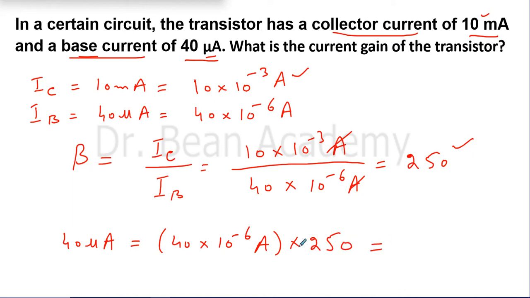So here if you multiply it, you will get 10 into 10 to the power of negative 3 ampere. So this is collector current, and this is 250 times the base current. So you see, it's a huge current gain in fact, and this is the answer.